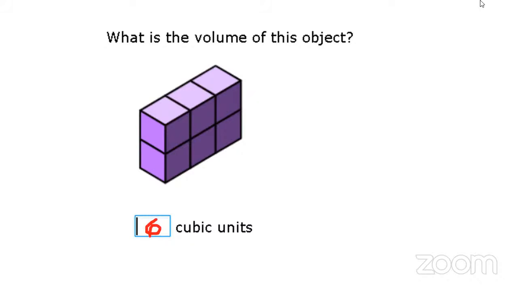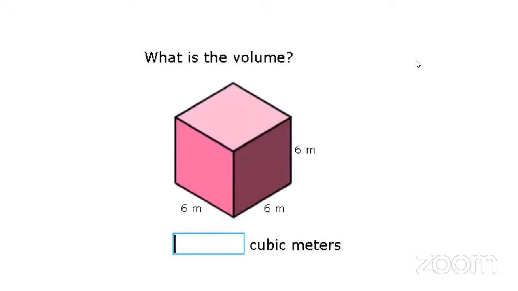But let's go to the next question. What is the volume? Now, in this one, you are seeing the box that the crackers or the digestive biscuits came in, and you're not seeing the different cubic units.